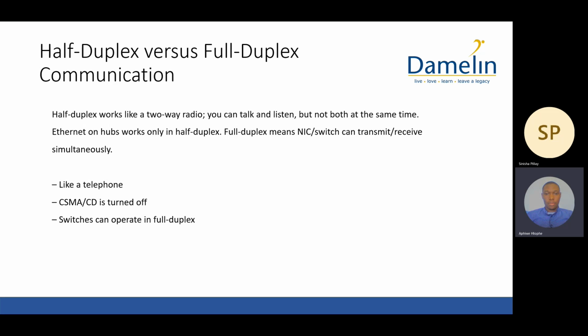So when we spoke about this device called a switch, most network media can communicate with either half duplex or full duplex. Okay, so what is half duplex? Half duplex means you can send, you can receive, but you can't do both at the same time. So you can't do them in parallel.